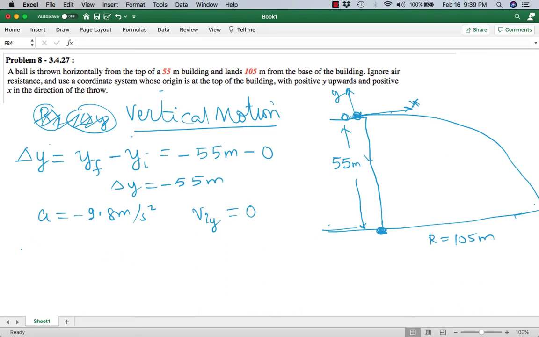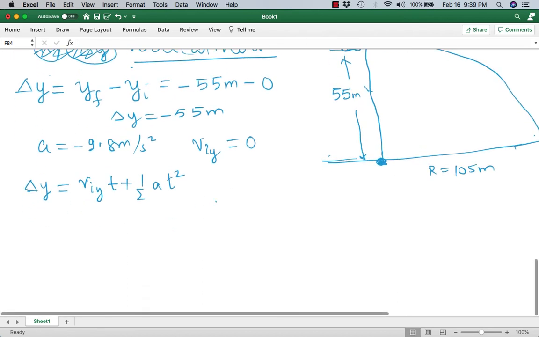So let's find the time. To find the time, we can use this formula. Delta y is equal to vi y t plus 1/2 a t squared.